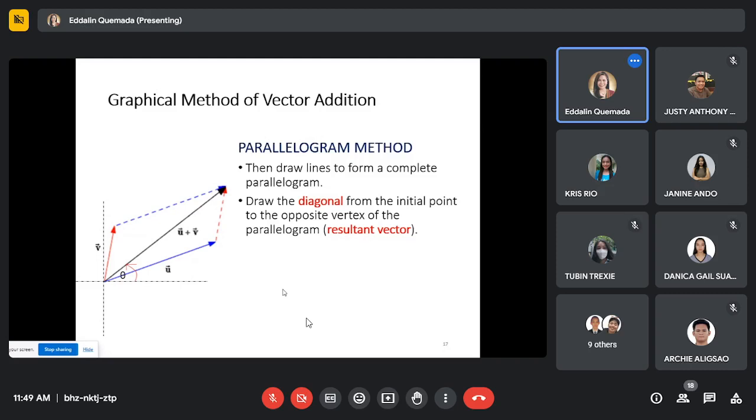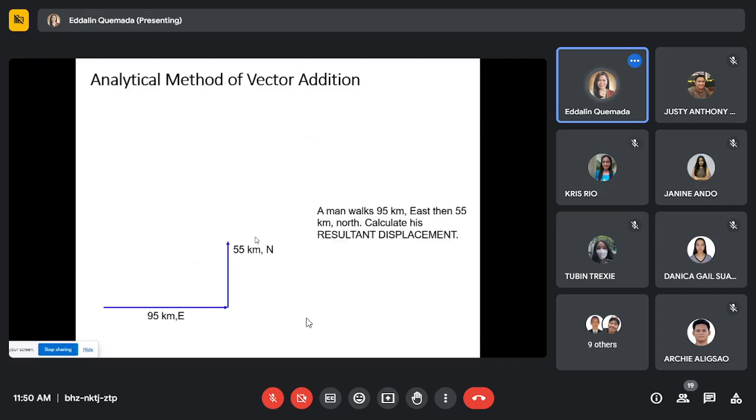So if we illustrate it by means of head to tail, these are the vectors. Vector 1, vector 2. Where is the resultant? From the tail of the first vector going to the arrowhead of the last vector, correct? So if that's the case, this is the resultant.